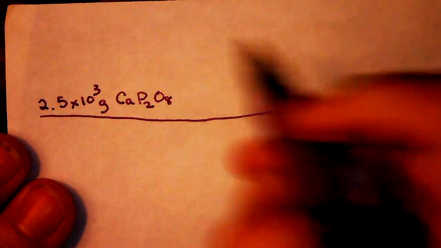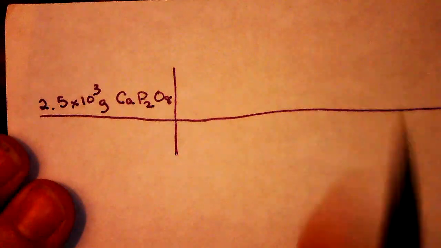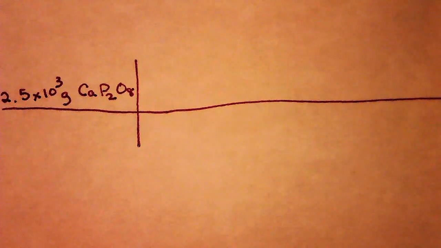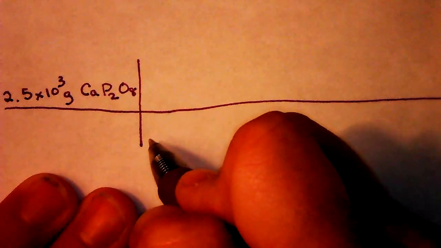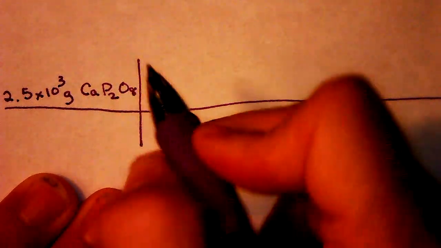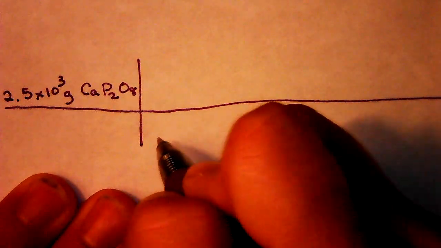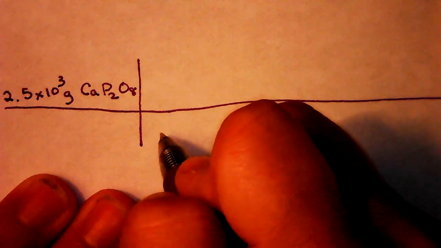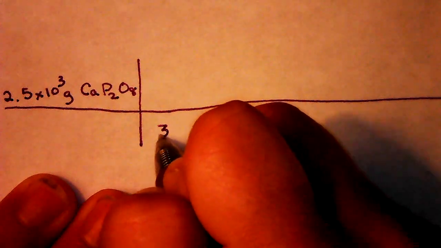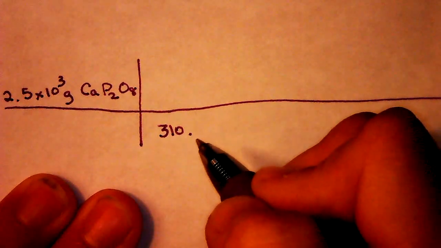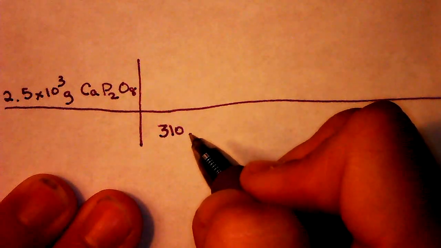So I'm going to make myself, I think I wrote too big. We'll go from there. I'm going to start out with grams using that molecular mass that we just calculated. I know the relationship between the grams and the moles of Ca3P2O8, and that is 310.2, I think, right?